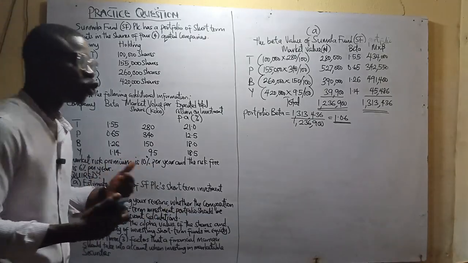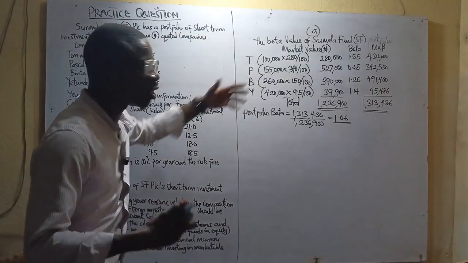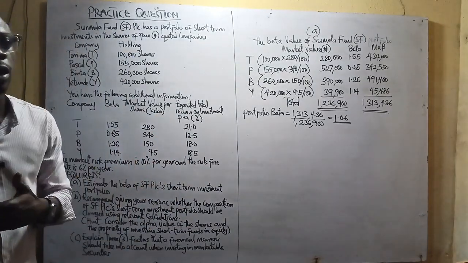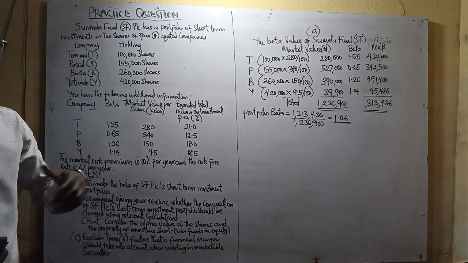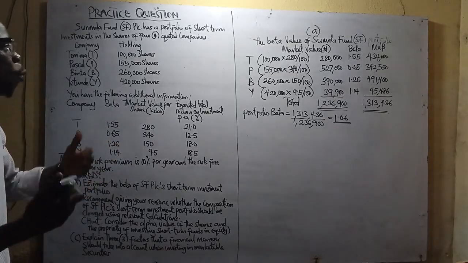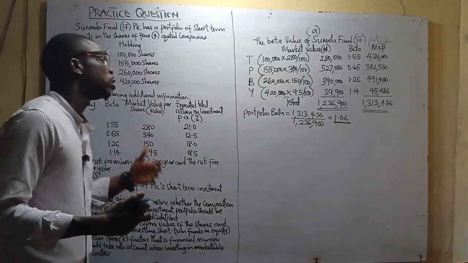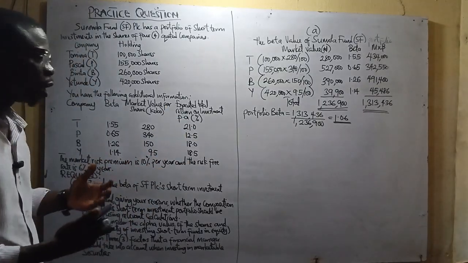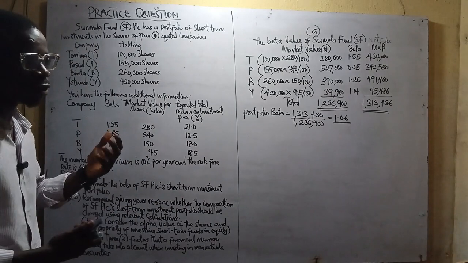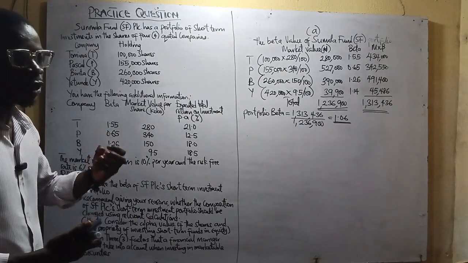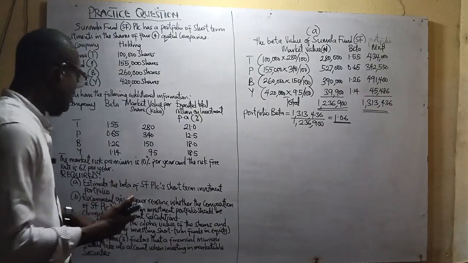What they mean is, should we buy more shares in a particular investment? Should we sell some shares in a particular investment? Should we change how we have invested in this portfolio? So that's what they are asking.